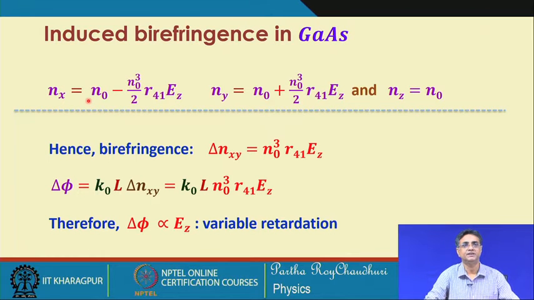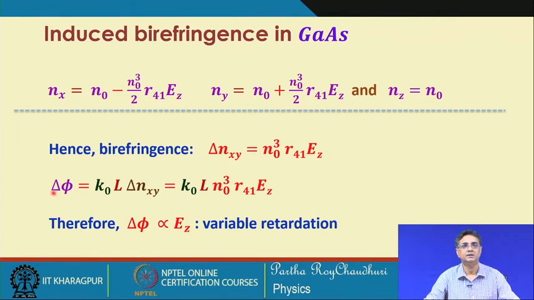Therefore, the birefringence that is seen by the x and y polarized light in the new principal axis system will be delta n x y, which is equal to the difference of these two quantities, that is equal to n cube r 41, where r 41 is the electro-optic coefficient of gallium arsenide, into E z.